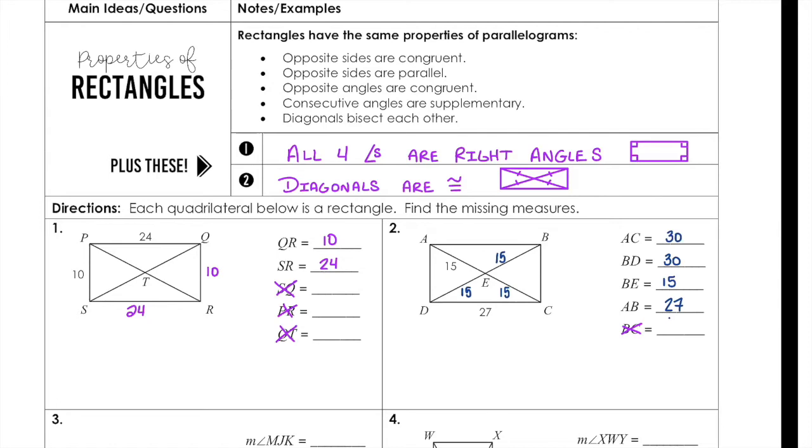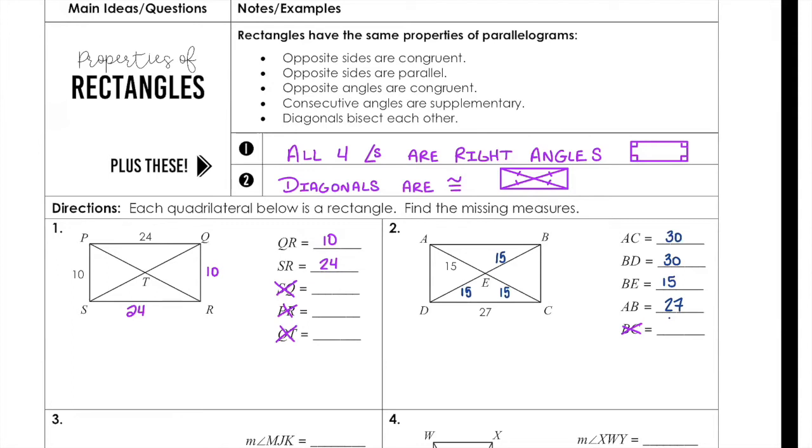A rectangle has all of those qualities because a rectangle is in fact a parallelogram. So a rectangle has all 5 of those qualities, but it also has some that are just for it. The first one is, in a rectangle, all 4 angles are right angles.